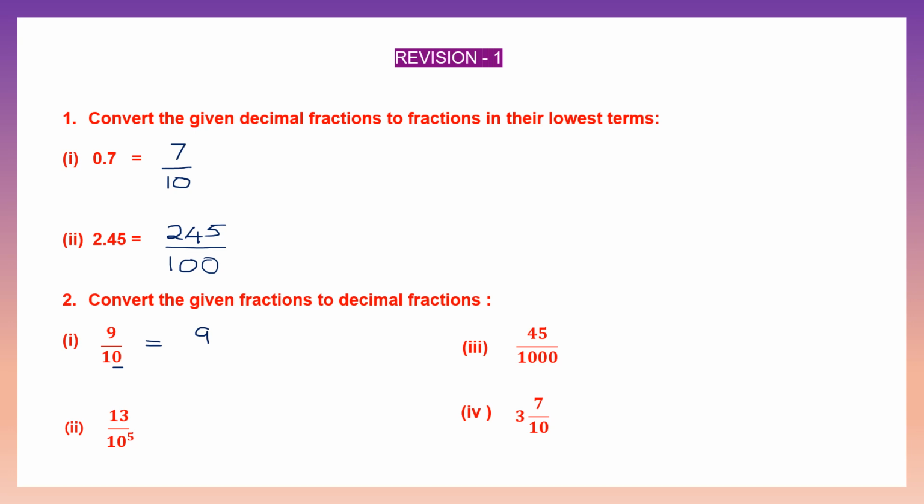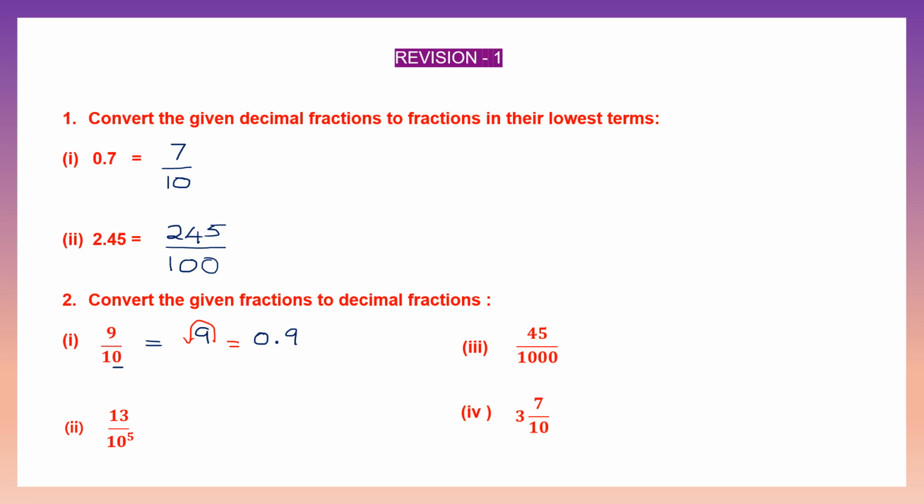For all whole numbers, the point is after the number. So if I have to divide it by 10, my point will move one place to the left. So my point will move from here to here. So what do I get here? I get 0.9, and since I don't have a whole number before that, I make it 0.9.